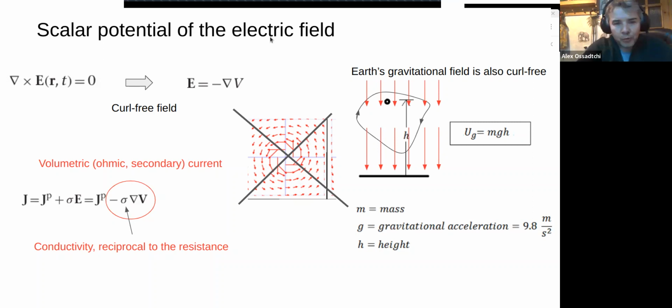To show you, for example, also that sigma times the gradient of V: the minus gradient of V you can think of as your field strength, right? And then if you multiply it by the conductivity, by the extent to which the substance is conductive, this is basically your current density, which is in fact your Ohm's law.